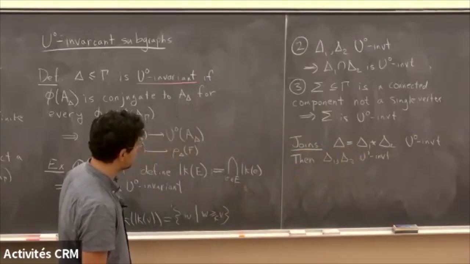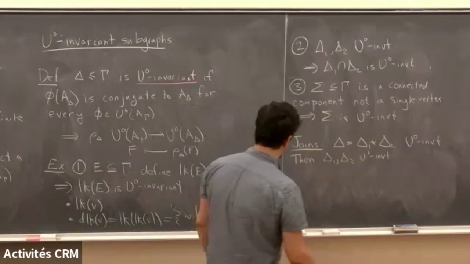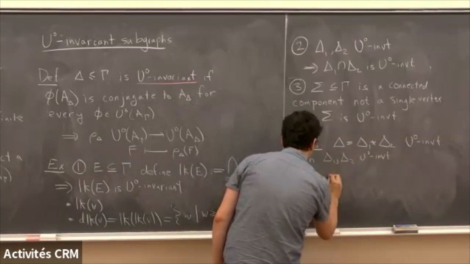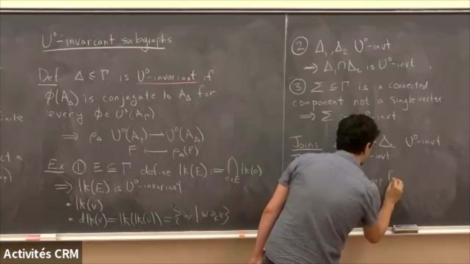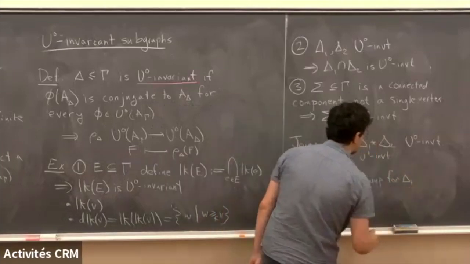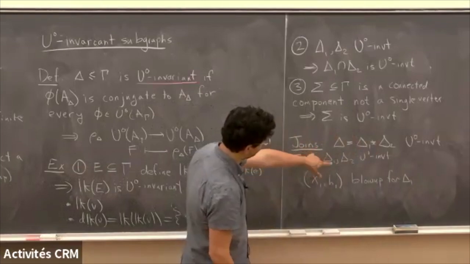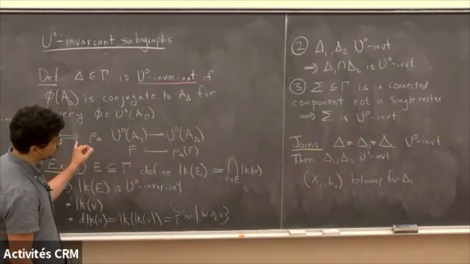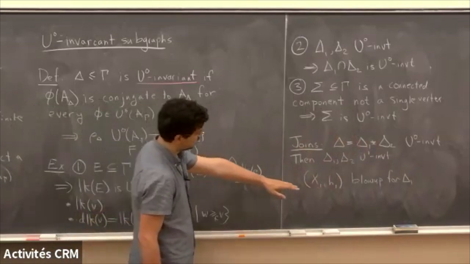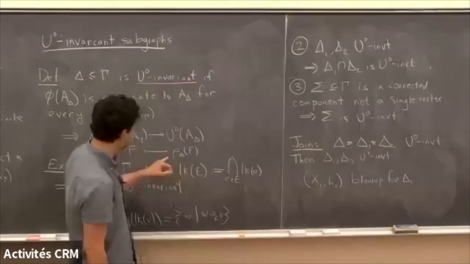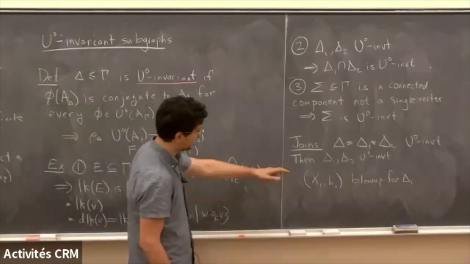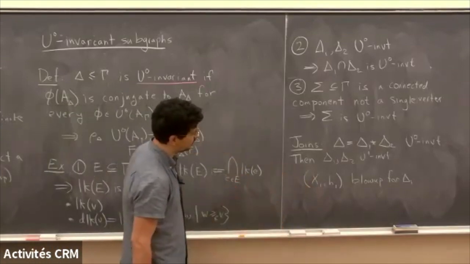Okay. So now suppose I have marked blowups H1, X1 for delta 1. And since they're U0 invariant, I can realize the action of F. What I mean by that is there's some restriction mapping to U0 of A delta 1. And whatever that finite group is, suppose I can realize that by acting on this blow up for delta 1.